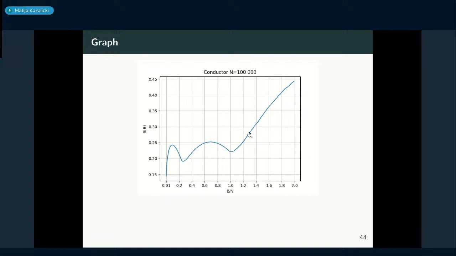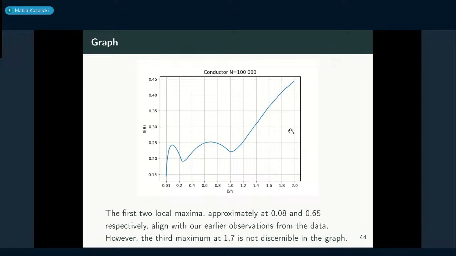I would say it was surprising for me that this graph really explains that phenomenon. While for this third maximum, it was 1.7, so it is not discernible in this graph.